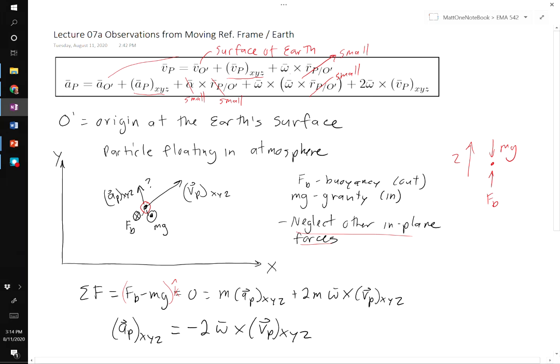So anyway, if we do that, the only term left in the acceleration is the acceleration of the origin of the coordinate system, and our relative acceleration, and then this last term, which is called the Coriolis acceleration.